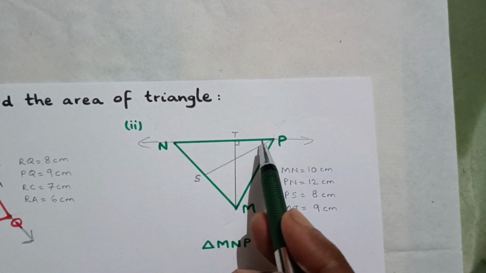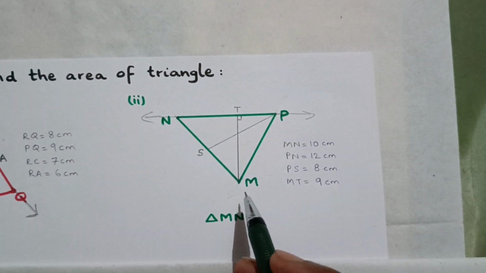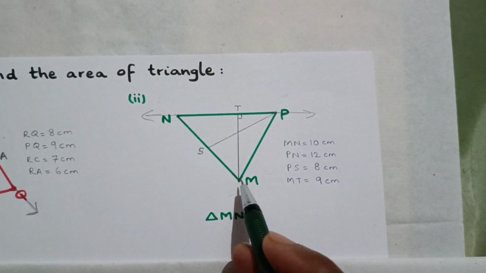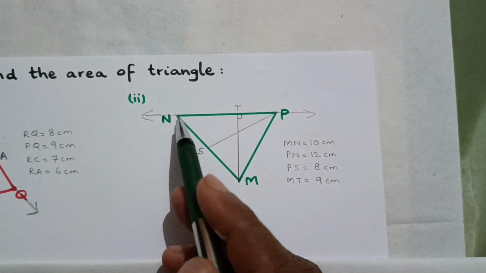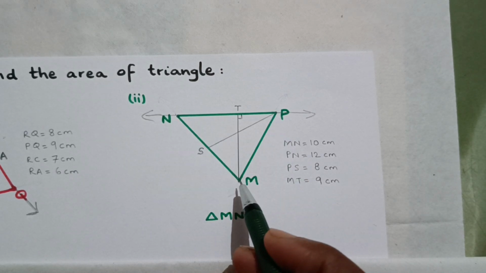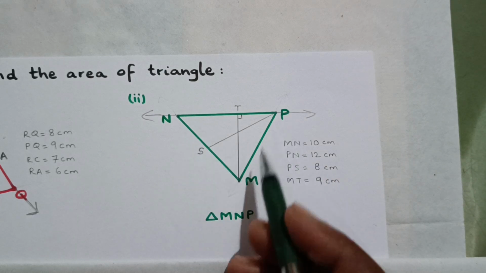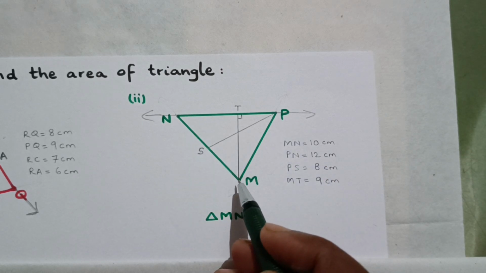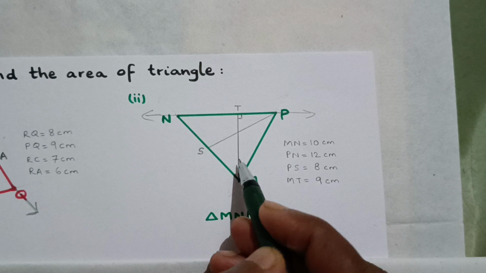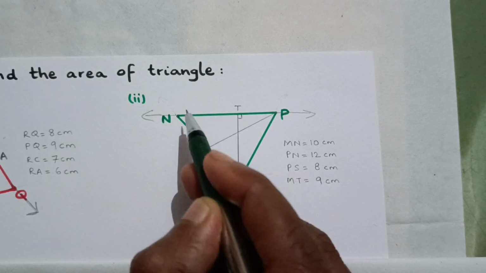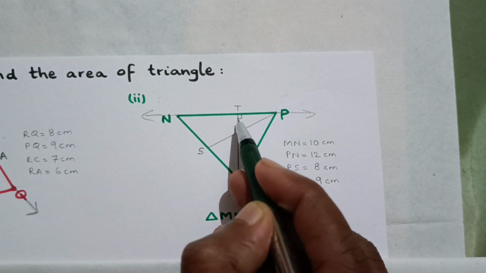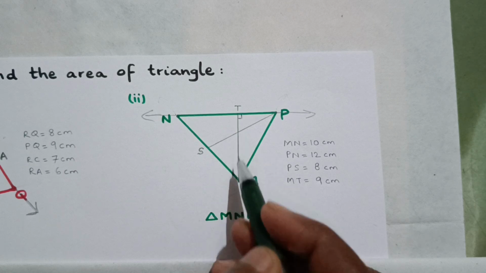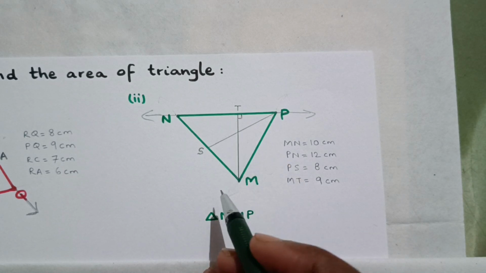Now for NP, what is the opposite vertex? It is M. M is the opposite vertex for NP. So the corresponding height for NP will be the line segment which starts from M such that it meets NP at 90 degrees. So MT is that line segment.